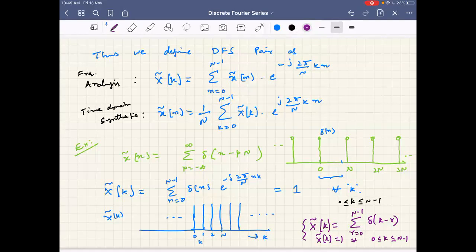No. We are computing only from 0 to N minus 1, so we are restricting our computations to one period. But it doesn't mean that there is nothing on the negative side and positive side. They repeat anyway. This tilde indicates that they repeat.